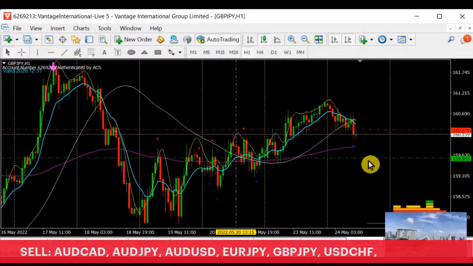So for this instance, we are going to really pay attention to price when it's getting near to the support area. What do I mean by that? Because fire burns up, the flame is burning up.